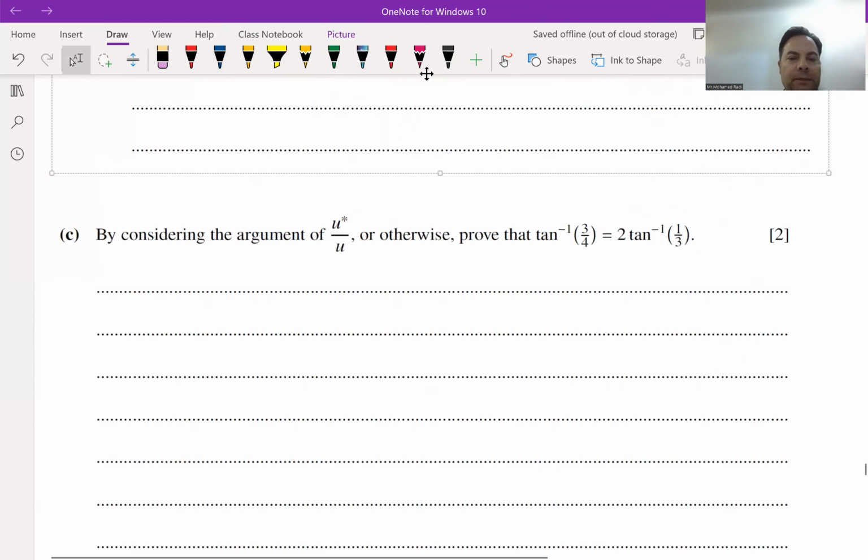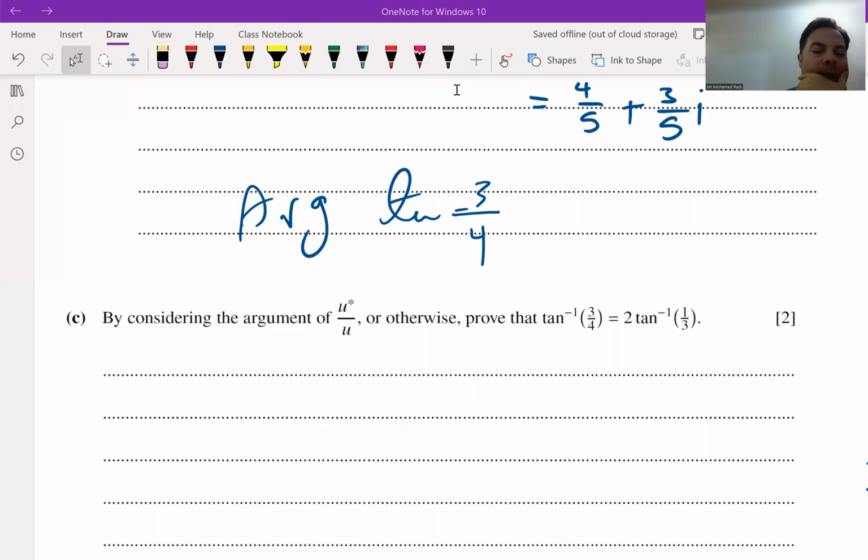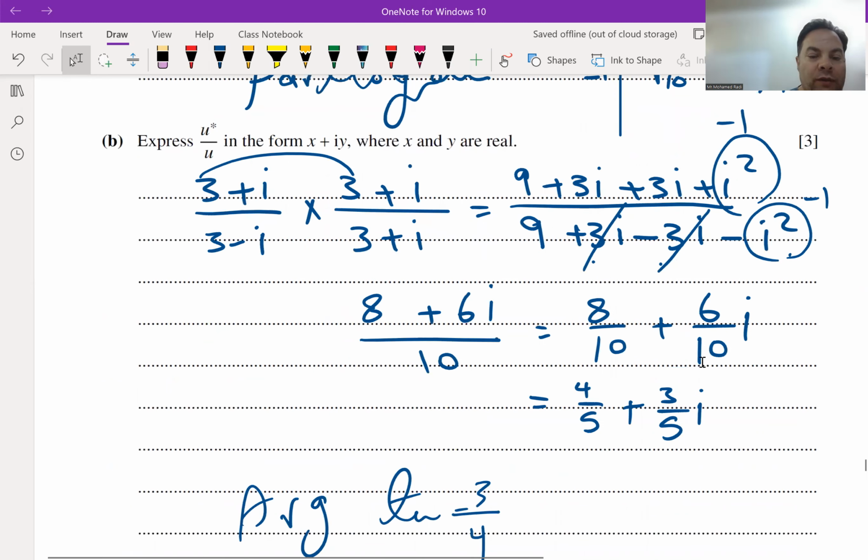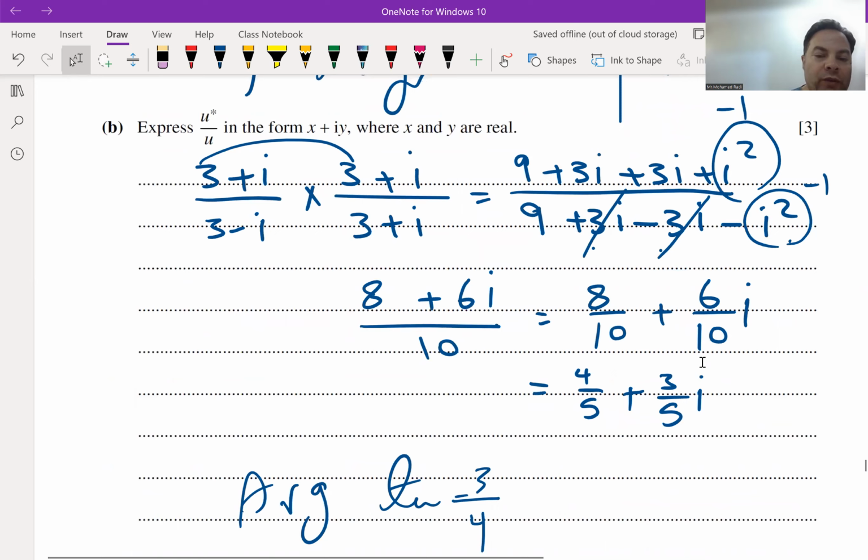Part C, by considering the argument of u conjugate over u or otherwise, prove that tan minus 1 of 3 over 4 equals 2 tan minus 1 of 1 over 3. First, we have to get the argument of u conjugate over u.